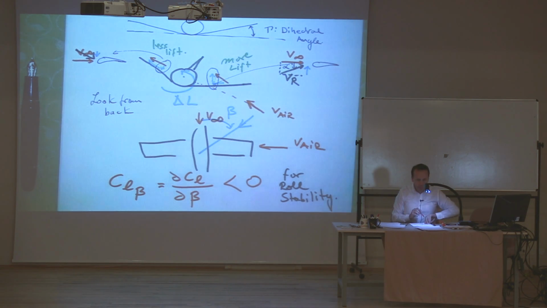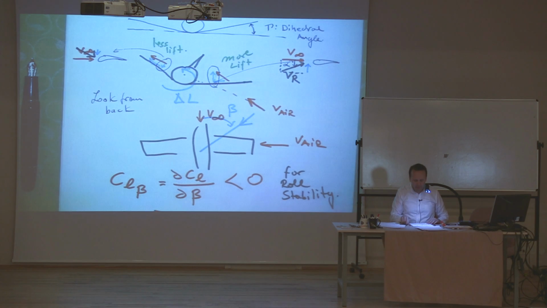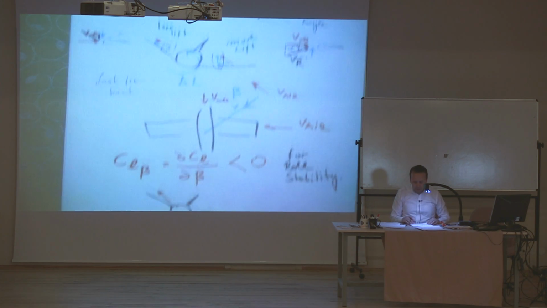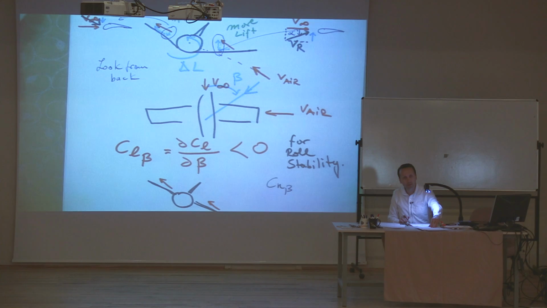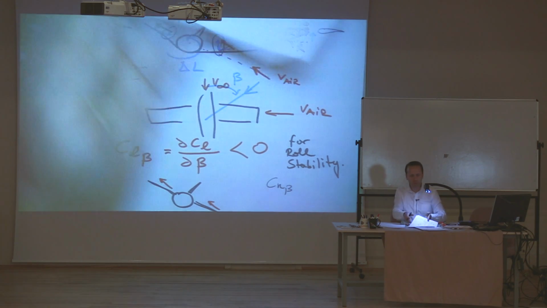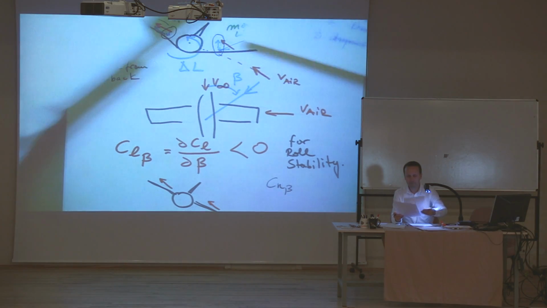Now, as I said, the problem here is not really a problem, but it is a fact that you have CL beta, but we also know we have something called CN beta. Remember, we just looked at it in the previous hour, the CN beta, the yaw stability.